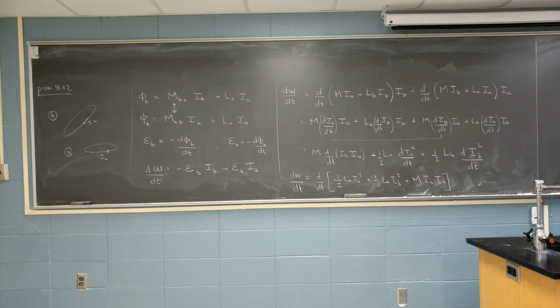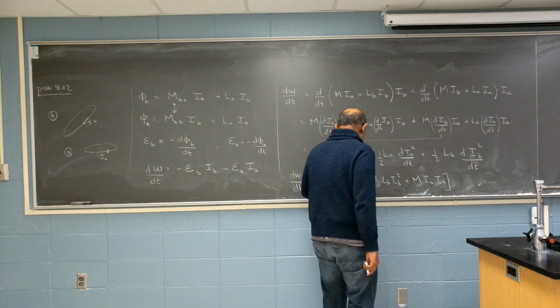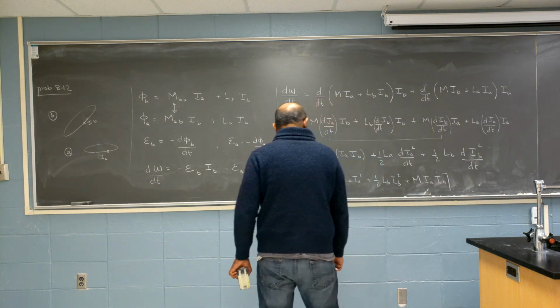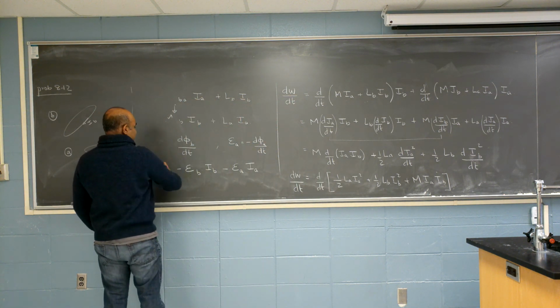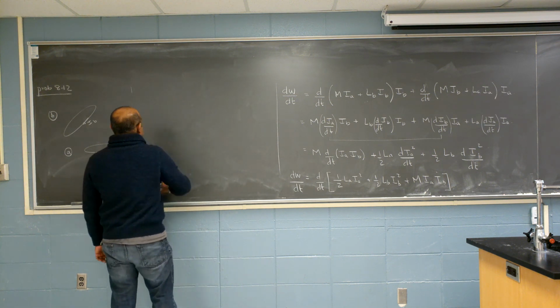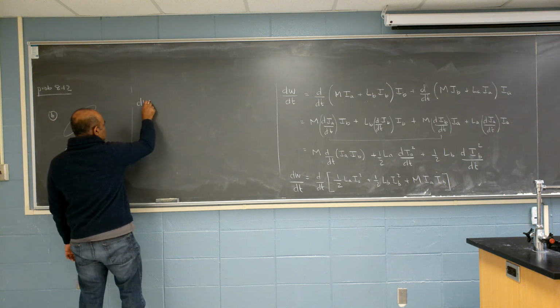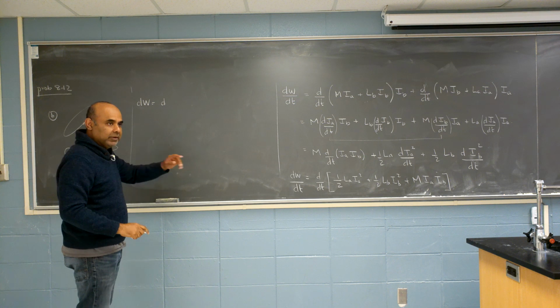This is the work done, the rate of doing work by the back EMF. Correct? Correct. And then you get the expression that we need. dW equal to d... I'm just going to get rid of the time derivative.